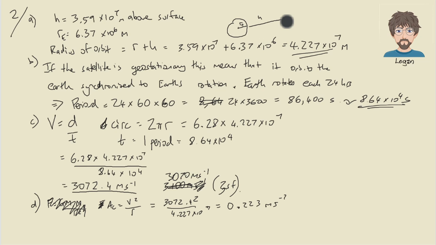So we should expect the gravitational force to be around 100th of that on Earth, because from this formula it would be proportional to 1 over r squared. This is 200ths, so that's about right. Means we're in the ballpark anyway.